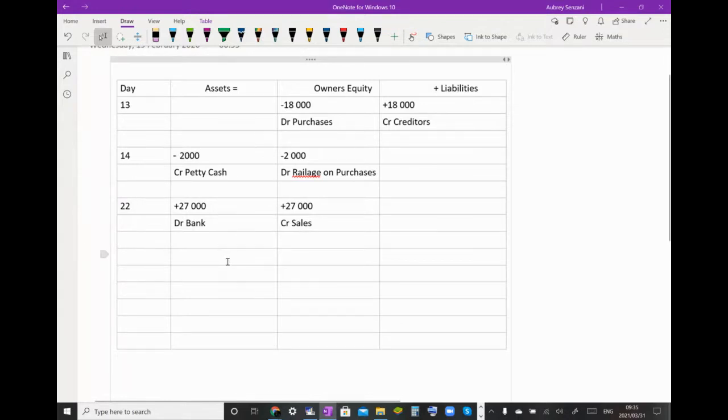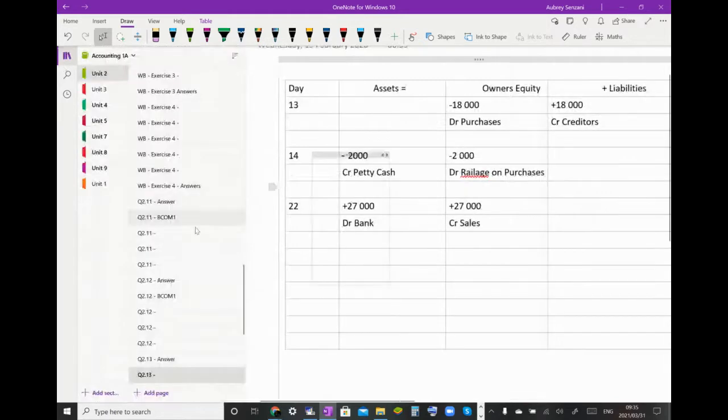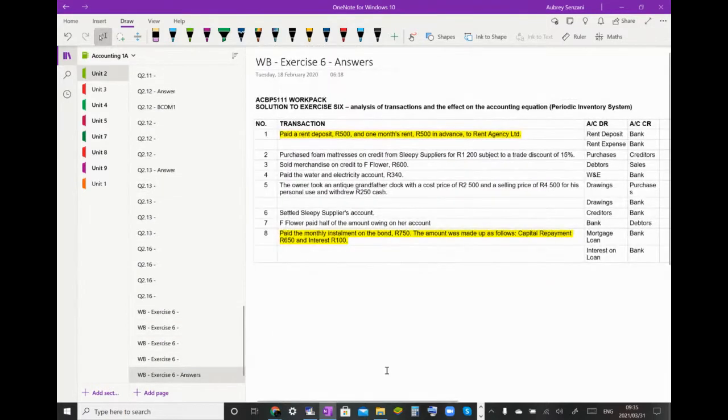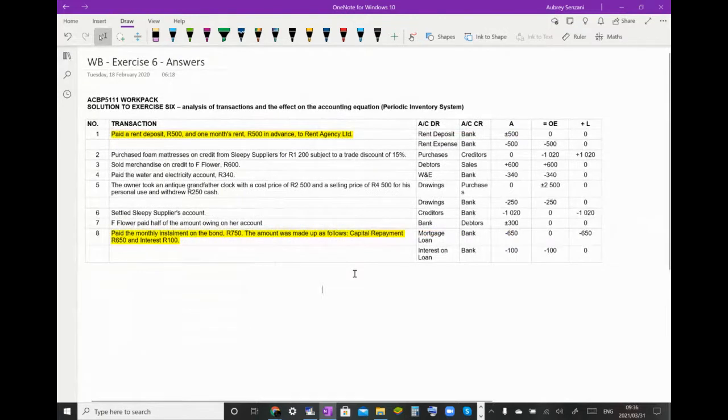Then this is what I'm going to do. I wanted us to do activity 2.6 together. So I think it's better to show you the answers, and then we're just going to go through each transaction together.